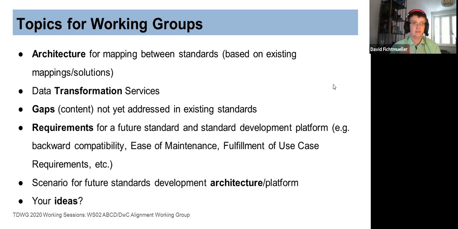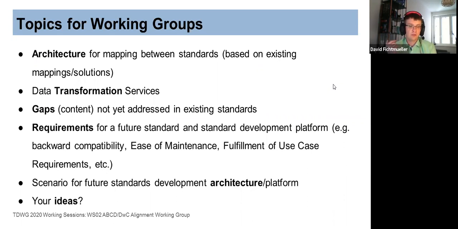So many projects have their own mapping tables. Some are shared, as I just showed you on the link. Some are just SPARQL queries where you get the final table. But there's no proper way of documenting, sharing, and making those mappings accessible. This isn't just an issue for our two standards here, but for other standards as well.